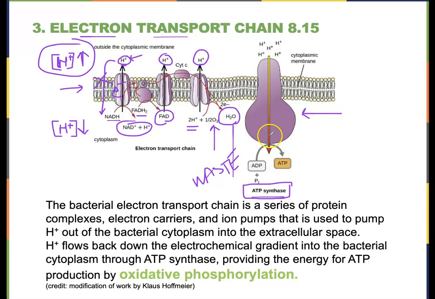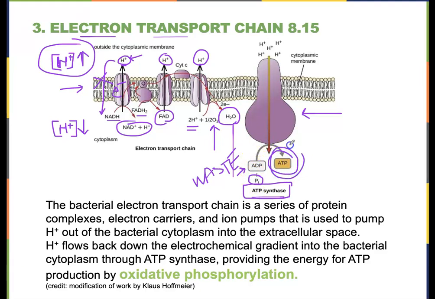The only way they can diffuse down into their lower concentration is through this enzyme. And this enzyme uses this rush of protons, or hydrogen ions, down itself and uses that energy to add that phosphate group. Remember, all we're doing is adding a phosphate group onto ADP. So when we do that, we make ATP.